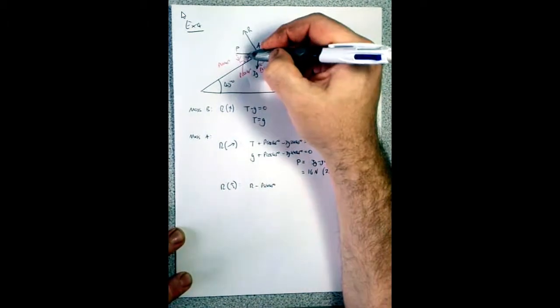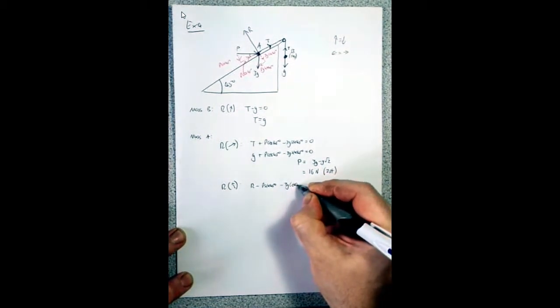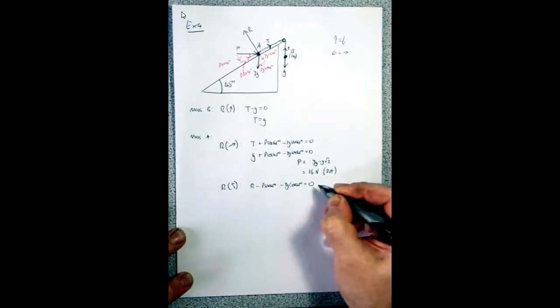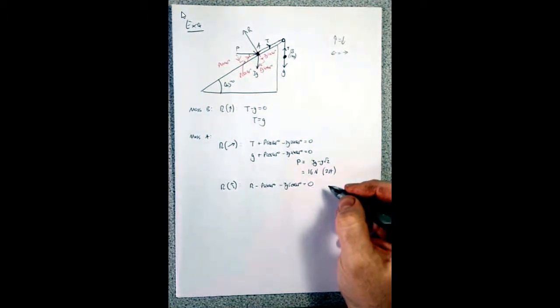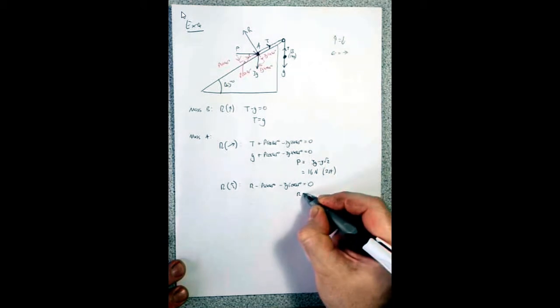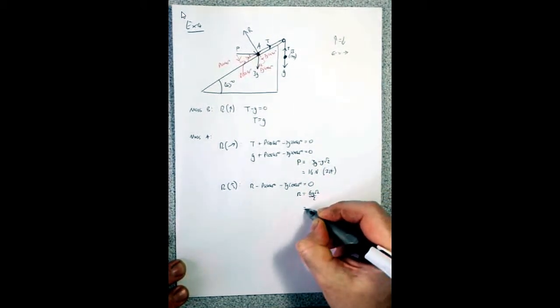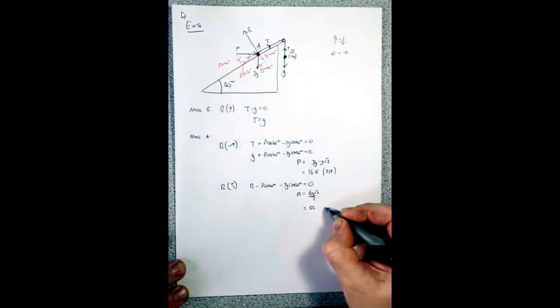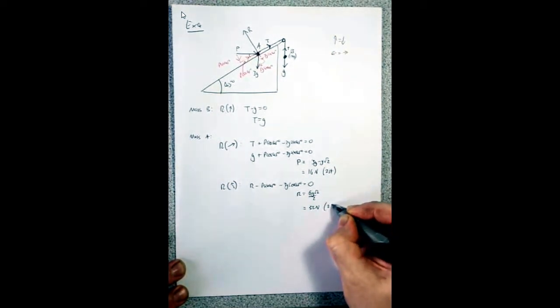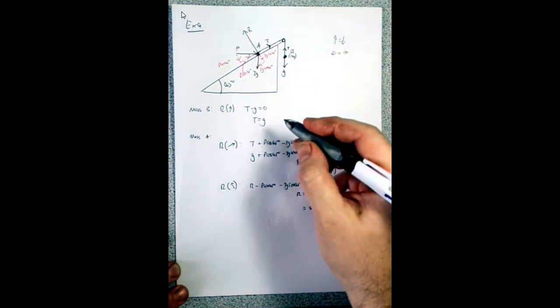R minus P sine 45 minus 3g cos 45 equals 0. So that gives me R as 6g times root 2 over 2, which is 32 newtons to 2SF.